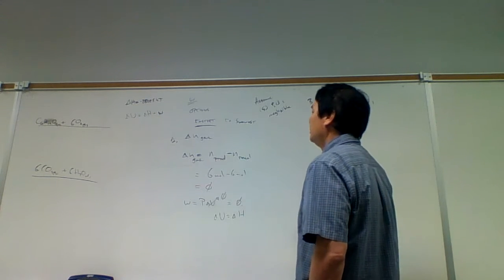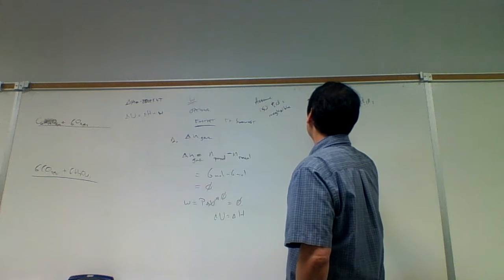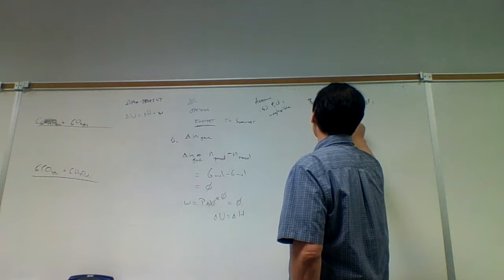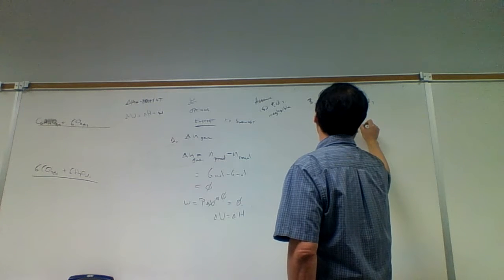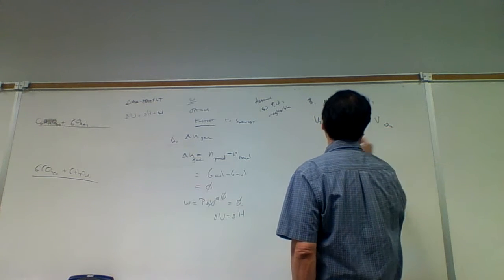In this case, we could calculate V initial. V initial is the volume of C6H12O6 solid plus the volume of O2.